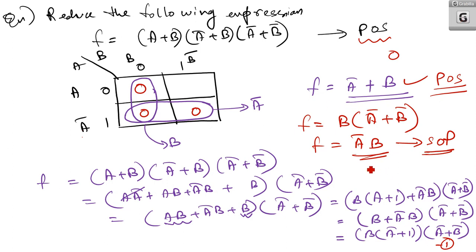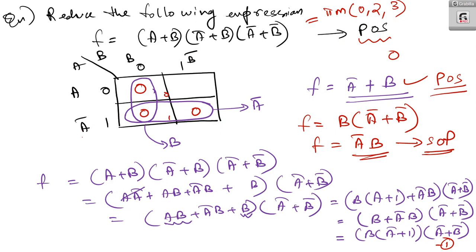A bar B is the corresponding SOP form, and this is the corresponding POS form. Or we can write it as pi m, A or B means this is 0, A bar or B we are having 2, and this one 3.